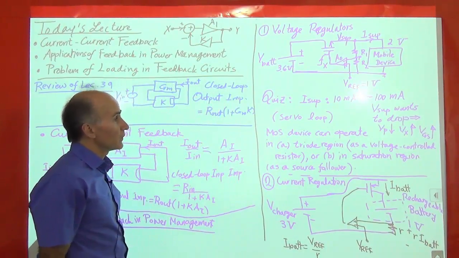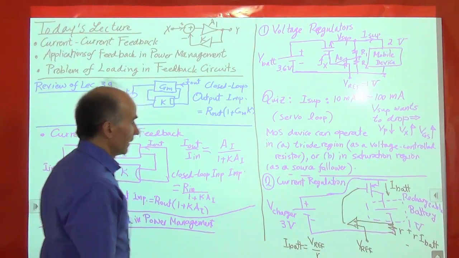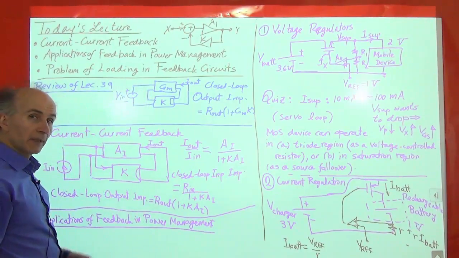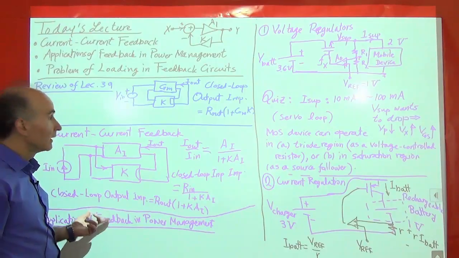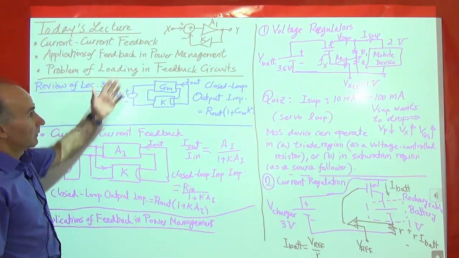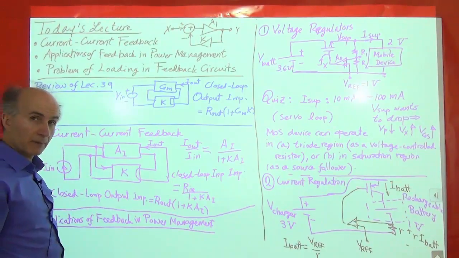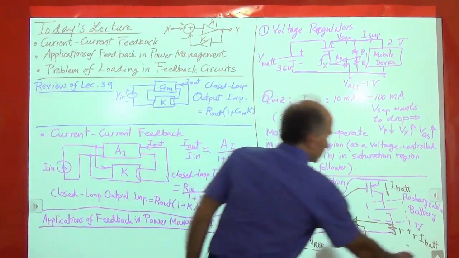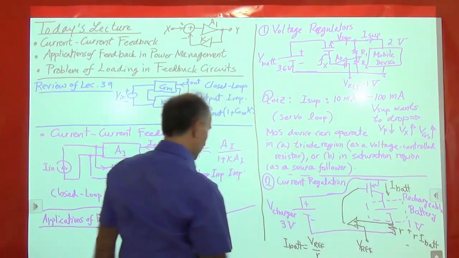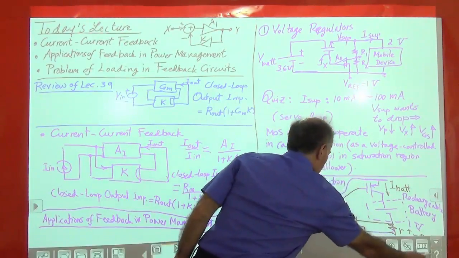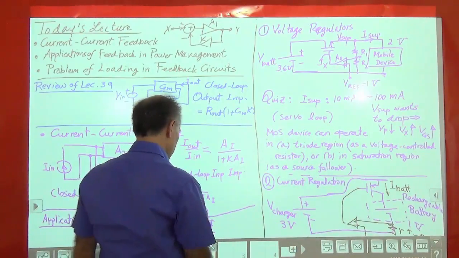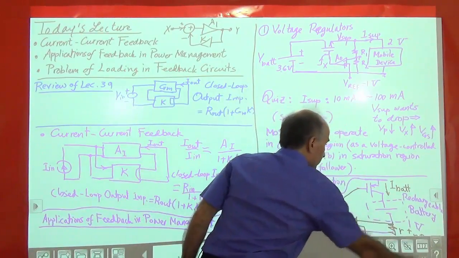Very well. So this concludes this little study of power management and how feedback is useful there. Now we're going to the problem of loading in feedback circuits. All right, let's go to the next slide here and talk about this problem.